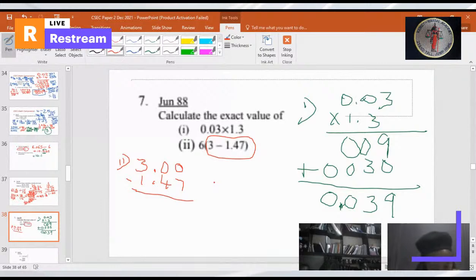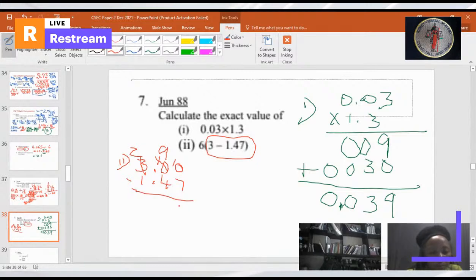Whenever it's your turn, Amari, you start to whisper. You would go to the 3, so we take one. You still need to take the one, right? Yes, Miss. All right.